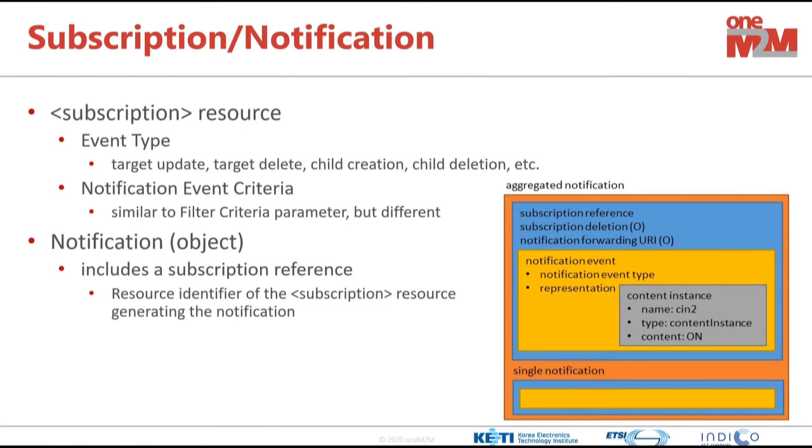And if I want an event notification whenever there is a new content instance, and you should know that a content instance is a child of a container, then whenever I pick that event type in the subscription resource setting, I will get the notification for all the child resources.